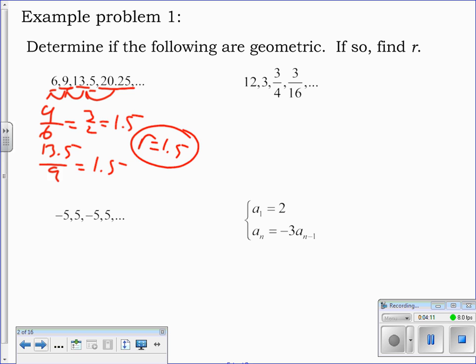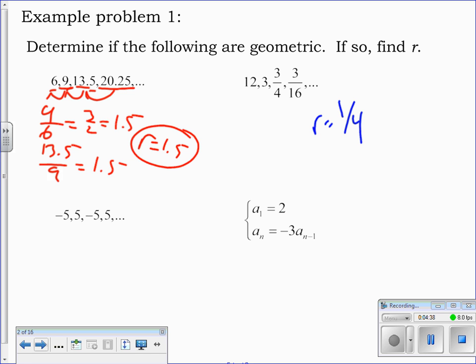So if I take 12 times 1/4, if I take 1/4 of 12, I get 3. So it is. And if I multiply 3 over 4 times 1 over 4, I get 3/16. So this one is geometric, and r is 1/4. Once again, if you need to, just divide by the previous one. But you do want to keep them as fractions, not decimals.